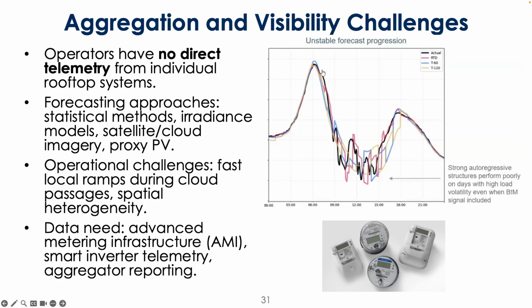And actually CAISO and CEC are working together. They recently developed a program with utilities for better visibility into data and data sharing. Yeah, and they've also had some recent grant applications to help with forecasting methods.